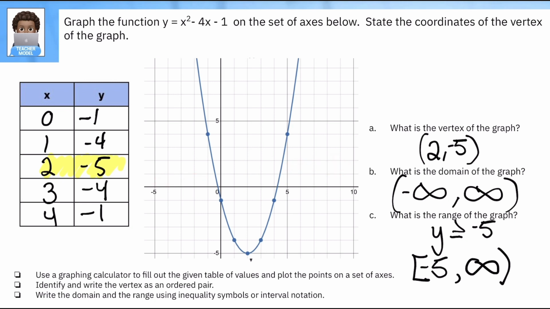And our y value, notice I've written it in an inequality symbol as well as in the interval notation for range. So again, everything from -5 up. So I've written it as y is greater than or equal to -5. And in an interval notation, since I'm starting at -5 at exactly that point, you can see the symbol I've used. And our second one, to infinity and beyond.